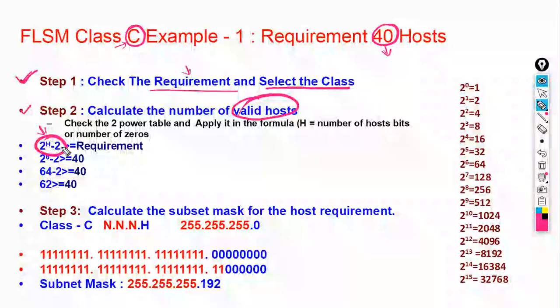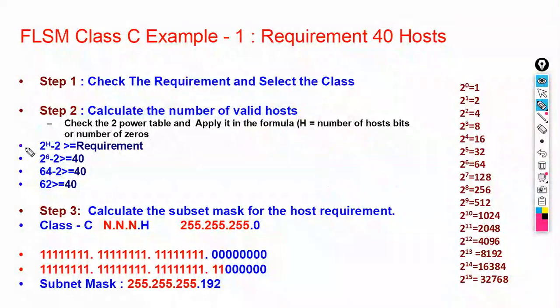The network ID and broadcast ID. If you remember, we don't use the first and last IP address. Except the first and last IP address, all the IP addresses are valid IP addresses. Remember that concept? So we are subtracting the network ID and broadcast ID.